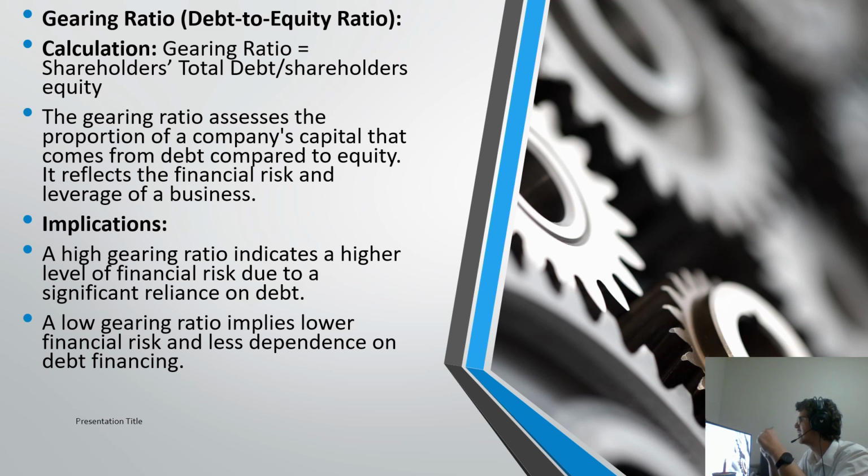Then the last one is your gearing ratio, where you take your total debt divided by your shareholders' equity. So it's a proportion of capital that comes from debt, and this is the best way to find out how much risk a business has. You never want to have too high a gearing ratio because it means a higher level of financial risk, meaning your total debt was too high.